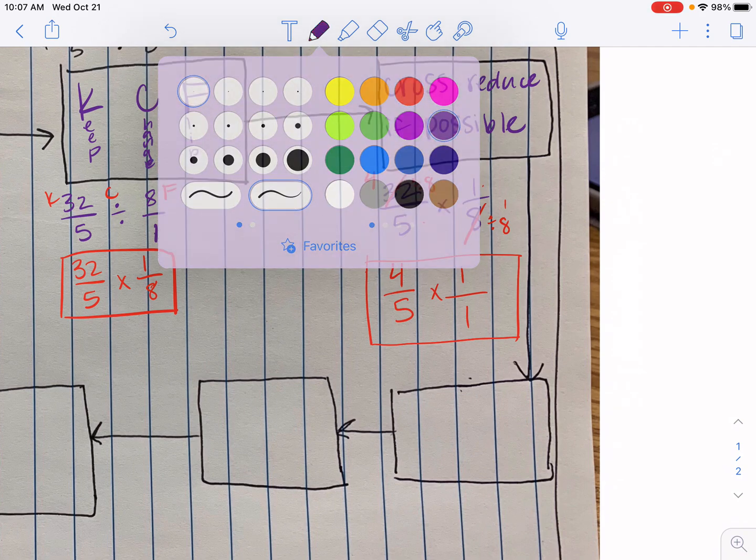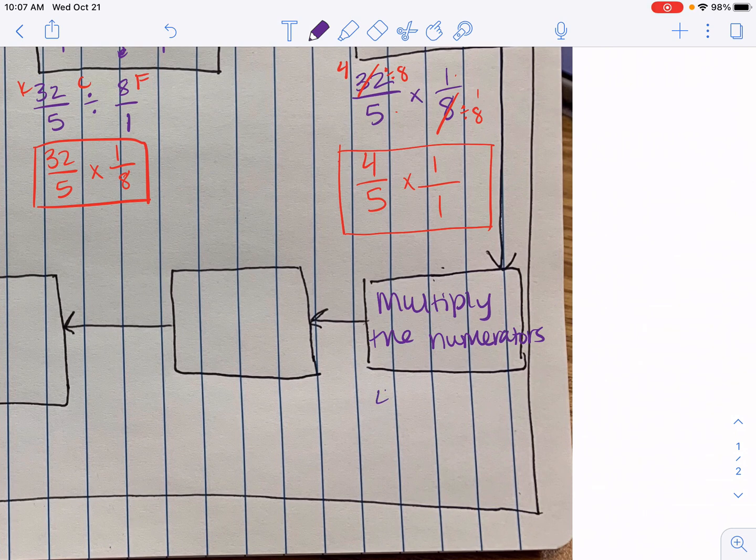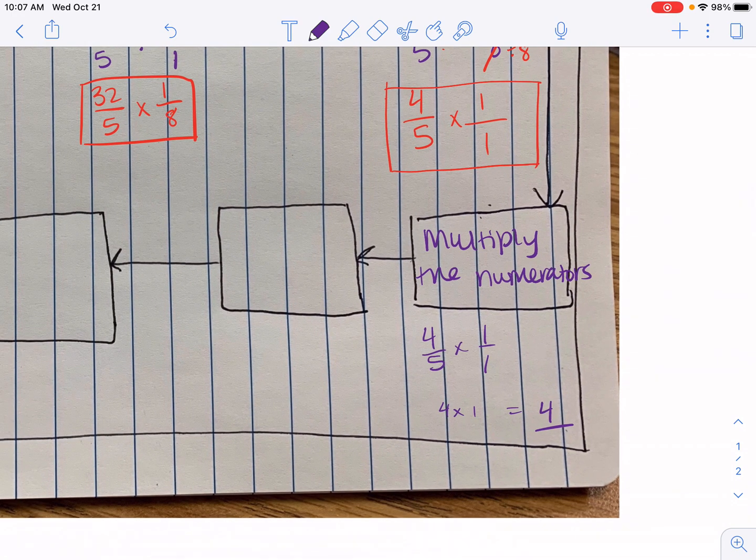So my next step is to multiply the numerators. So I'm going to take 4/5 times 1 over 1, multiply 4 times 1. So my new numerator is 4. I don't know what my denominator is yet. You probably do, but we're pretending like we don't.